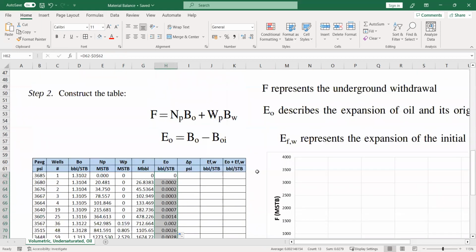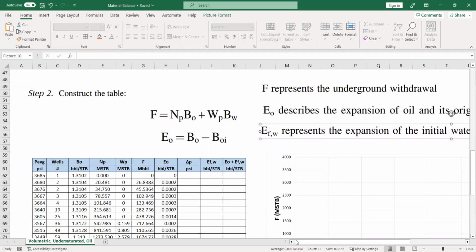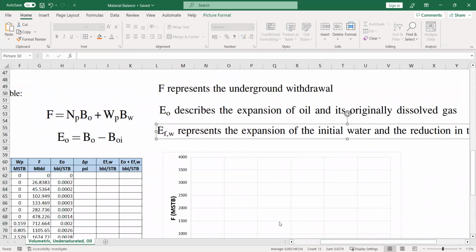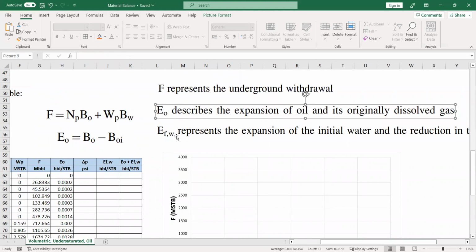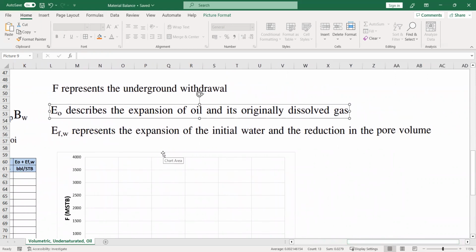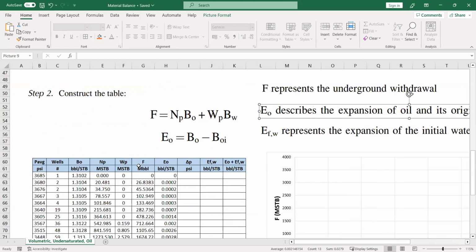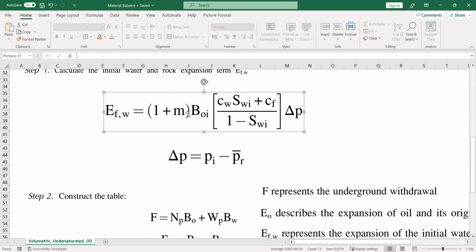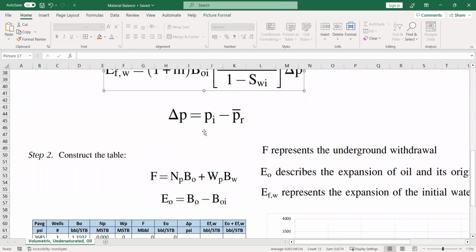All right, and then we need to calculate the EFW. E is expansion, all right? So EFW, just based on the index here, F means rock, W means water. So EFW represents the expansion. Again, E is talking about expansion of the initial water and the reduction in pore volume. Okay, so we will use this formula without M to calculate the EFW.